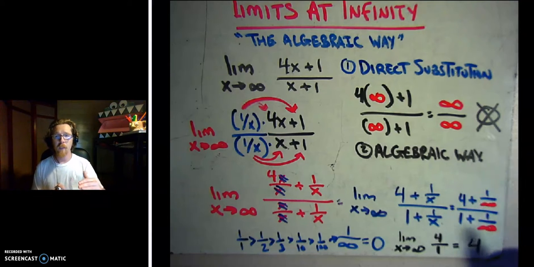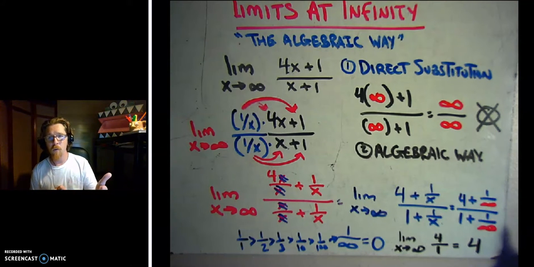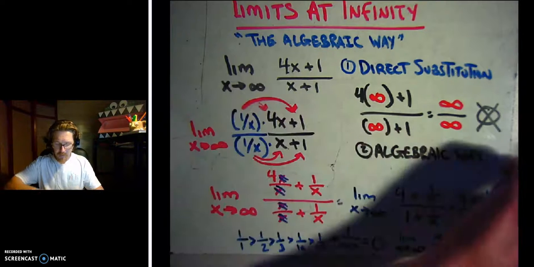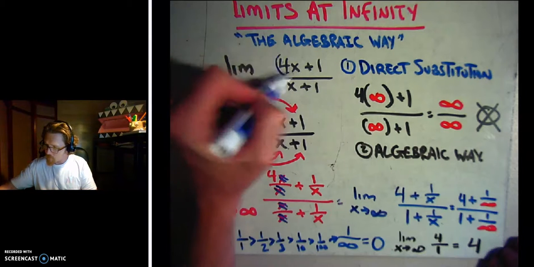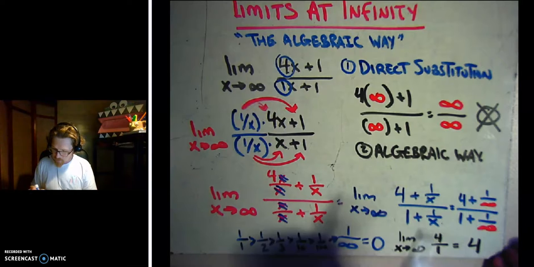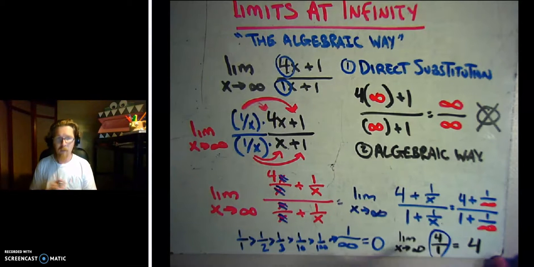And when the degree of your numerator matches the degree of your denominator, the limit is going to be the ratio of the leading coefficients. In this case, my leading coefficient is a 4 and my leading coefficient is a 1, and that is exactly what we figured out for our answer.